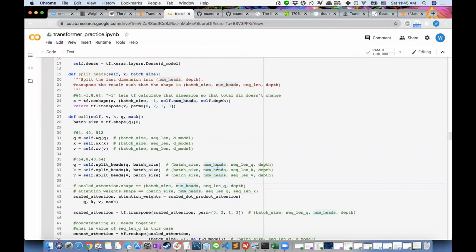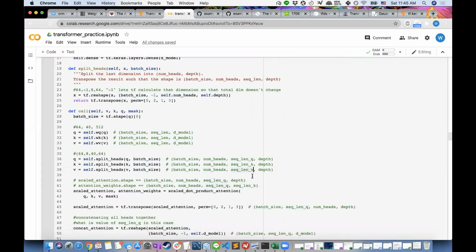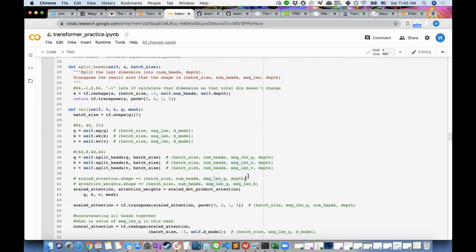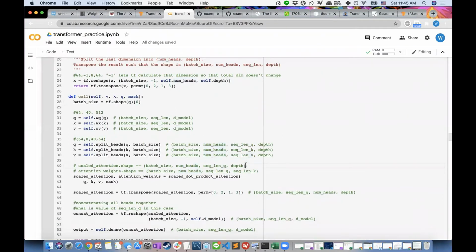So the number of heads becomes the second position, keeping your self.depth at last, keeping your batch size at first, and you let TensorFlow calculate this. And this -1 is actually the sequence length Q, and your sequence length K, and your sequence length V.